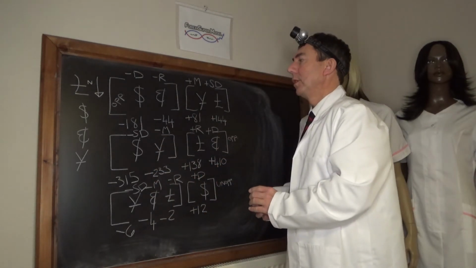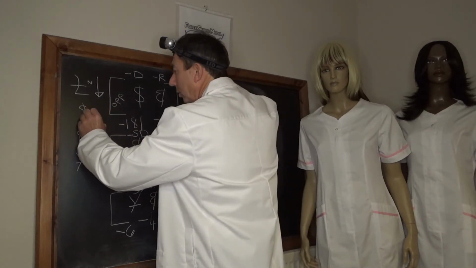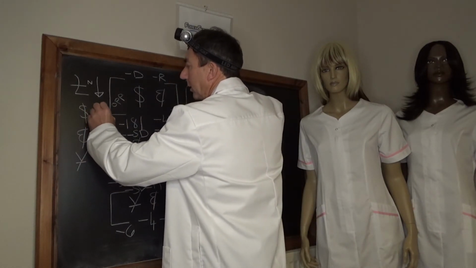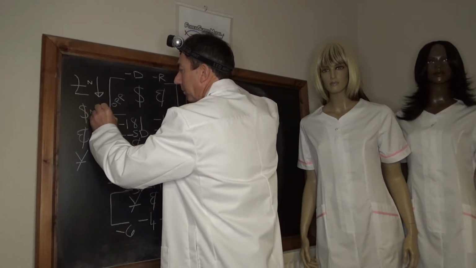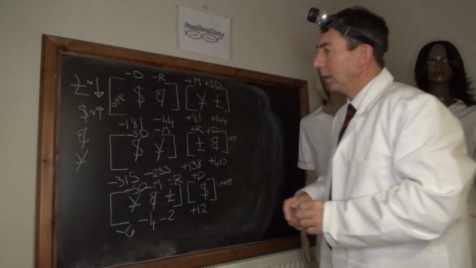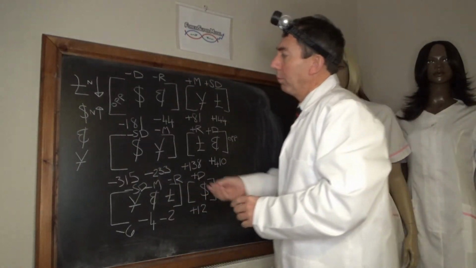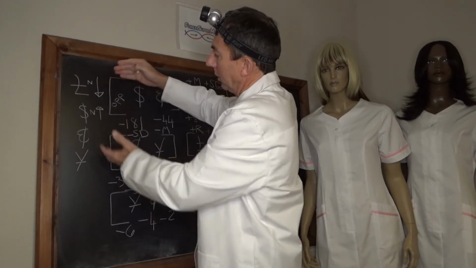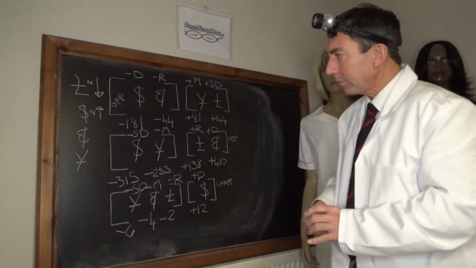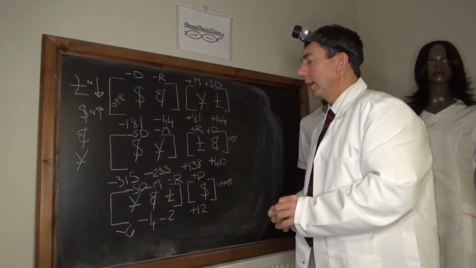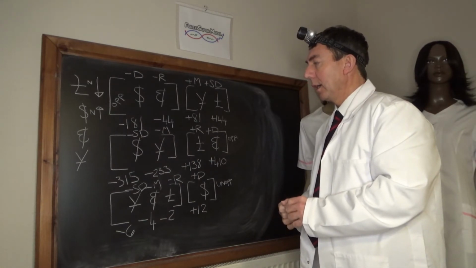I think we're going to see a neutral to rising situation in the dollar. So we've got an opposing pound dollar situation. So that leaves the euro and the yen.